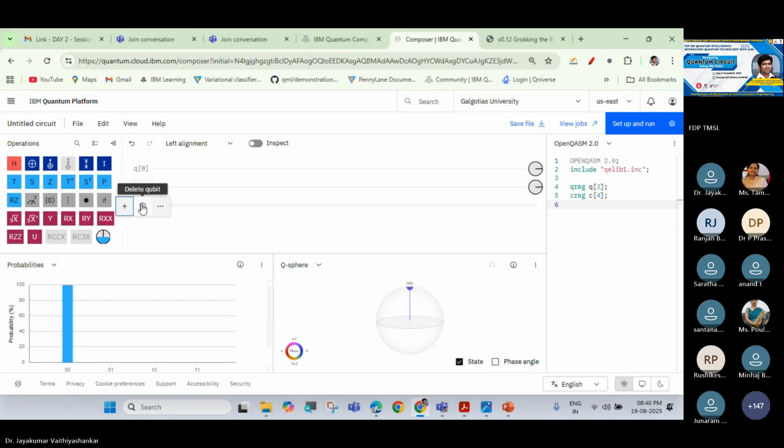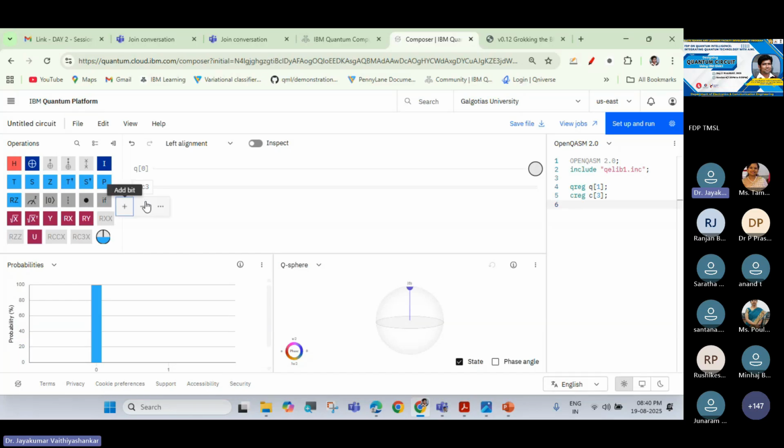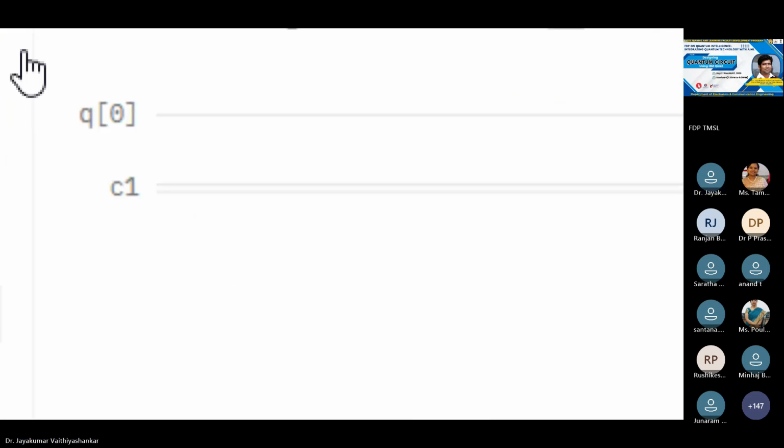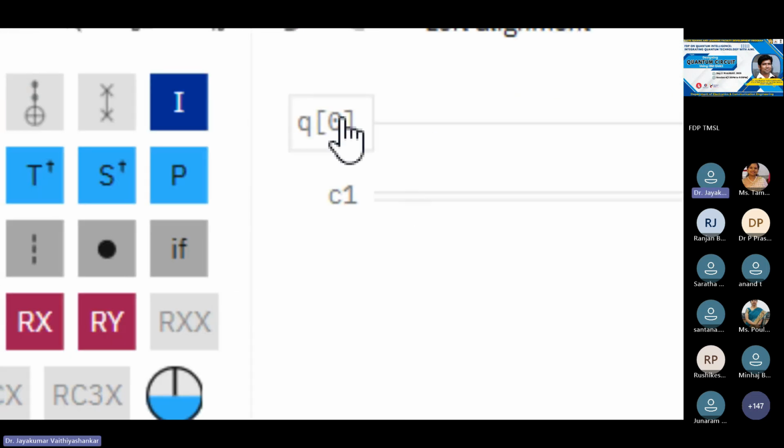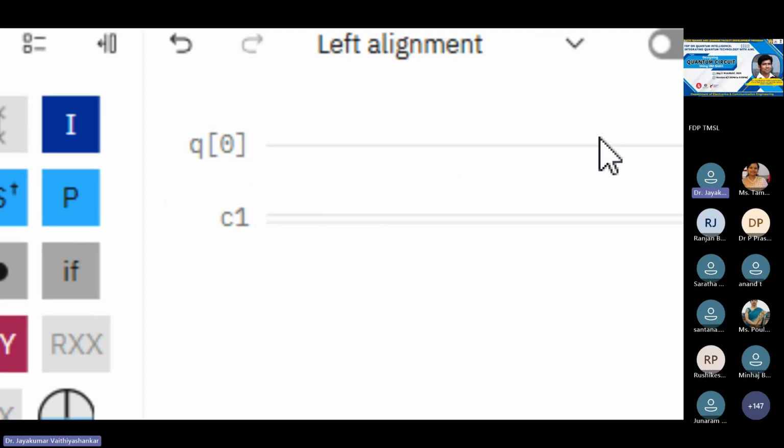Do the same for Q2 and Q3. For the classical bits, select minus repeatedly. Keep only one quantum bit and one classical bit. For your convenience, I will zoom. Q stands for quantum, C stands for classical.